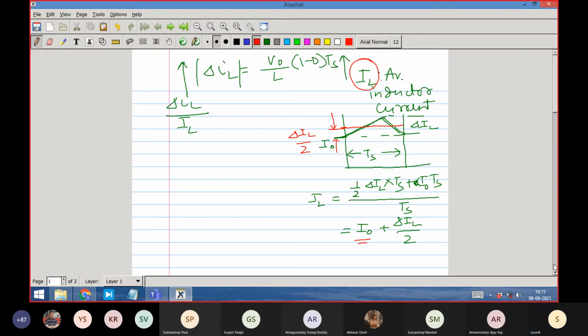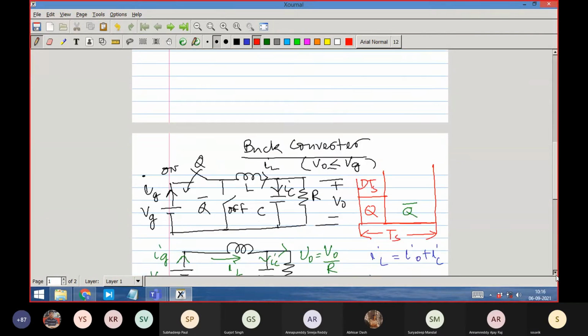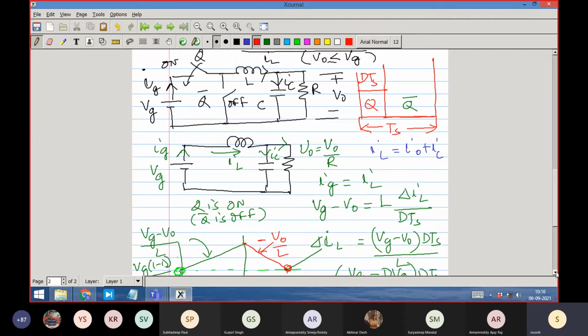Now, if we look at the circuit one more time, this is the on time. The inductor current IL is equal to IC plus IR.